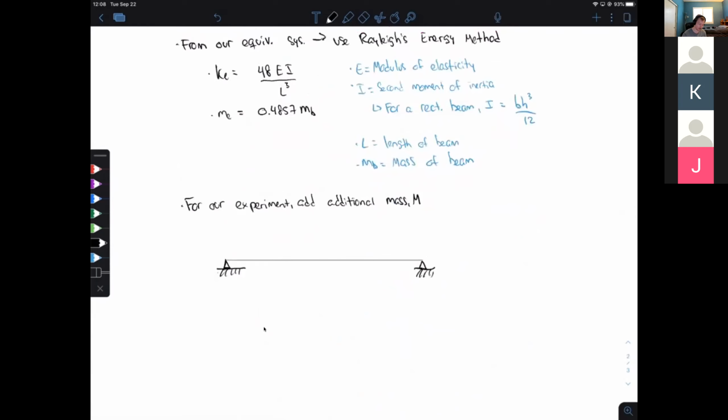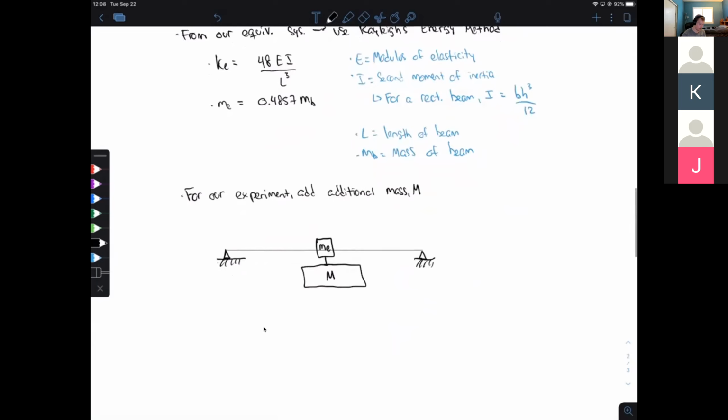Okay, so we're going to have now that's our effective mass, M sub E. And then below that, we're going to add our additional mass. So we would have a little support that would go off the beam, and we would add our additional mass there, just little weights. And then our line here is the effective stiffness for the beam.